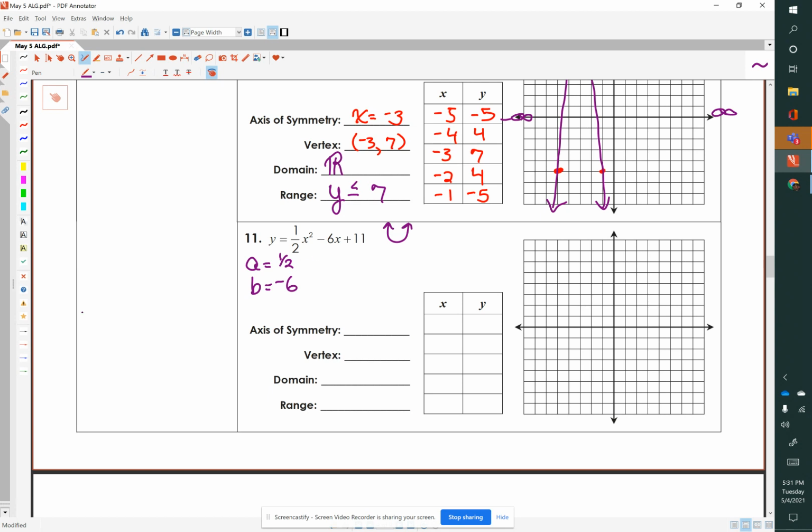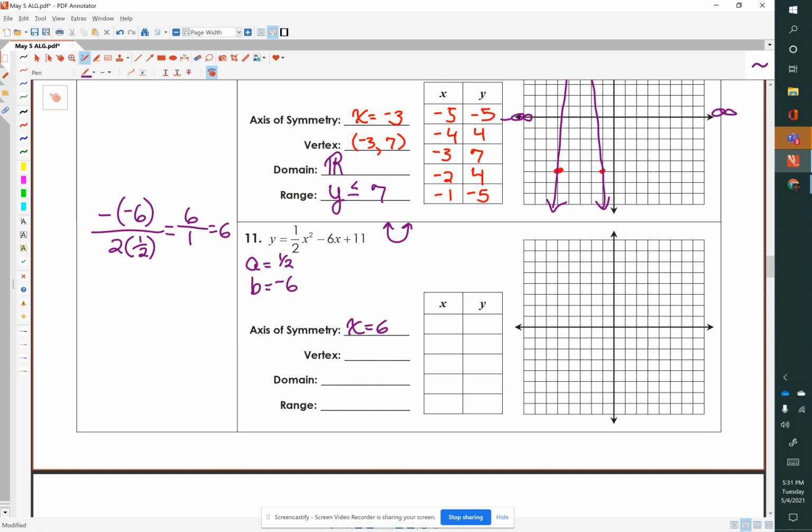So I'm going to work over here: negative b, which is negative 6, divided by 2 times 1/2. So that would be positive 6, half of 2 is 1, which equals 6. So our axis of symmetry, x equals 6.